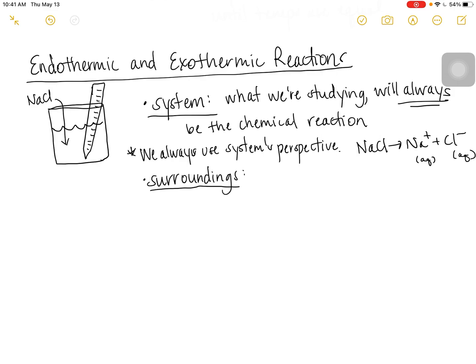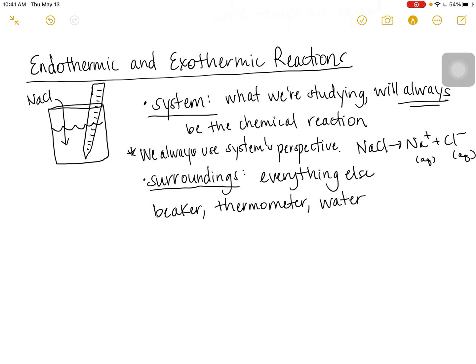So the surroundings then are everything else. That's also very vague. Okay, but what we mean by that is, like in this case, the surroundings would be the beaker, the thermometer, the water, which is sometimes hard for students to understand that the water is part of the surroundings.